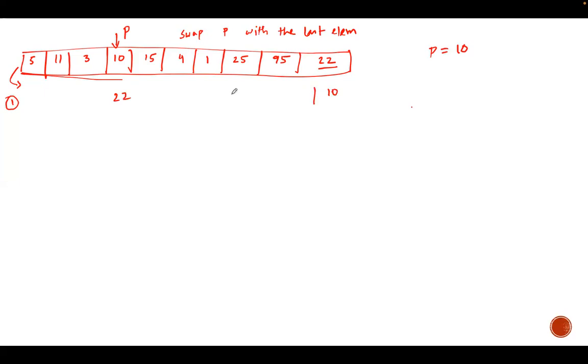We are moving the pivot to the end of the array so that we can continue with the rest of the elements in the array. Our array will now look like 5, 1, 3, 22, 15, 4, 1, 25, and 95.